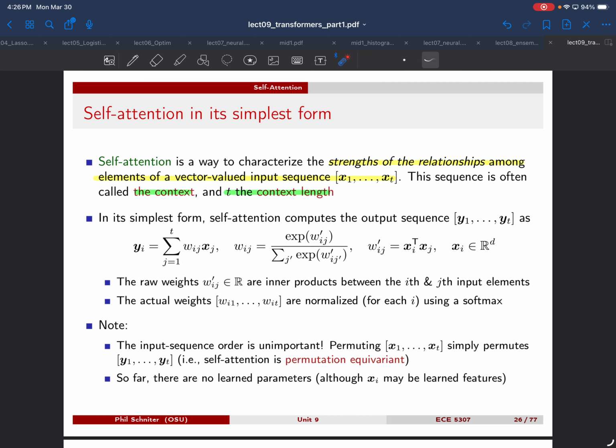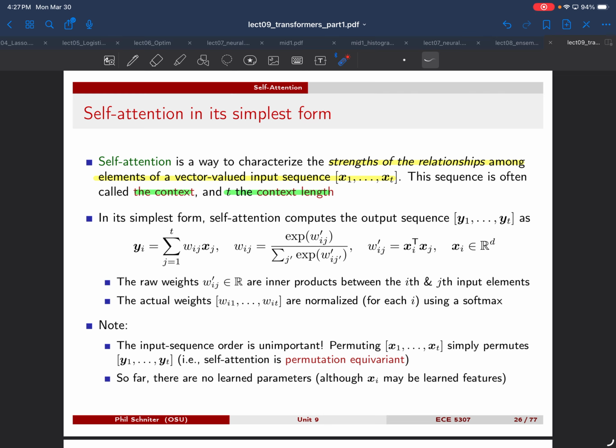The more they have to do with each other, the larger the inner product gets. Of course, the inner product is also proportional to the norm of xi as well as the norm of xj, so it's not purely about direction. But functionally, this is telling us how close xi and xj are, how related they are to each other.